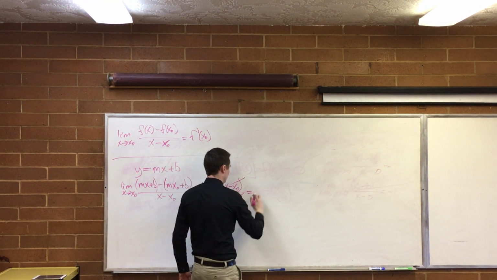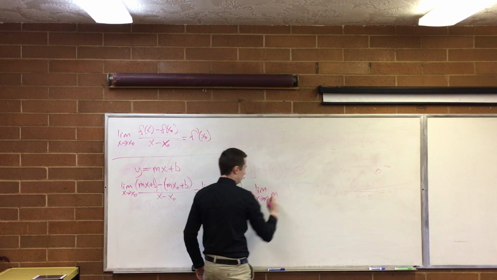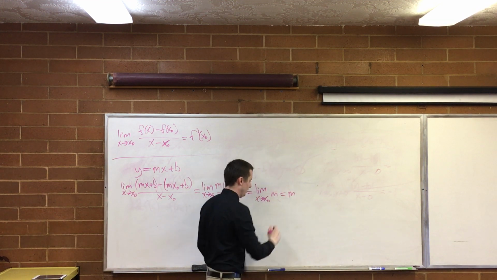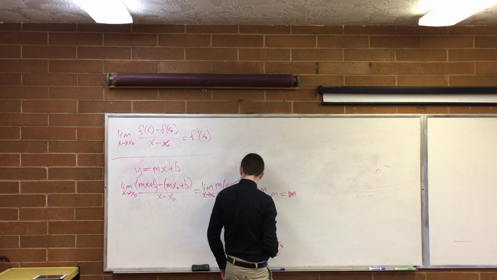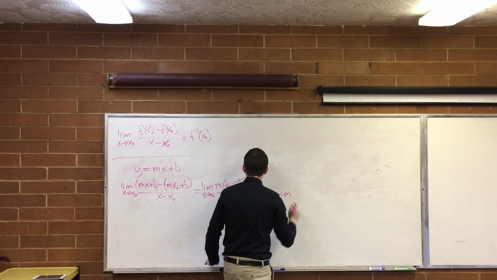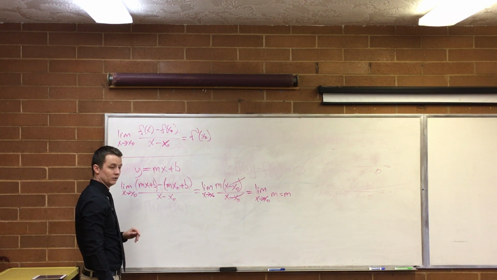So this is equal to the limit as x approaches x naught of m. What's the limit of a constant? It's just the constant, m. So we just proved that the derivative of any line at any point is just the slope of the line. Right?